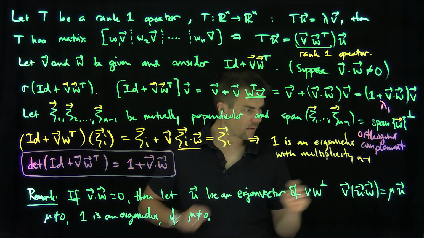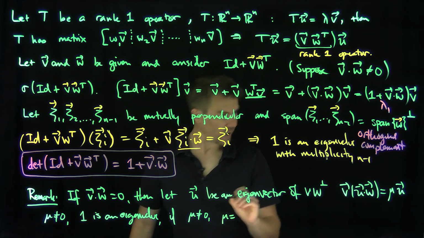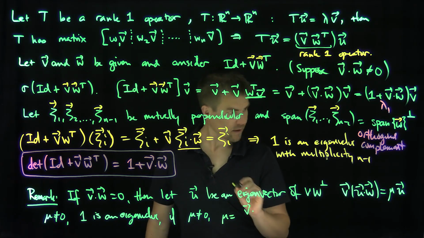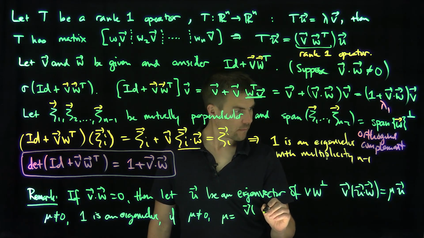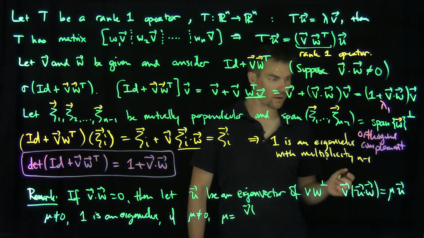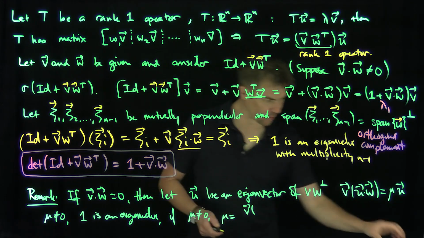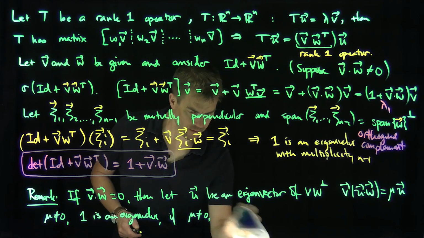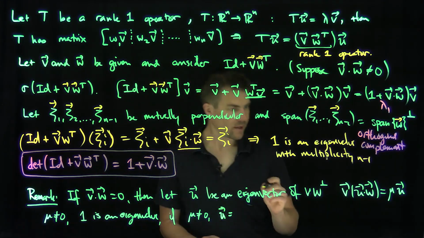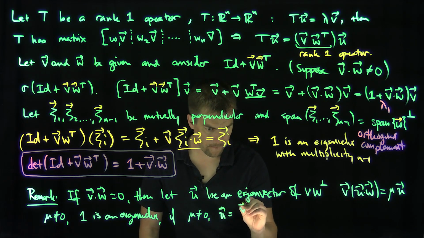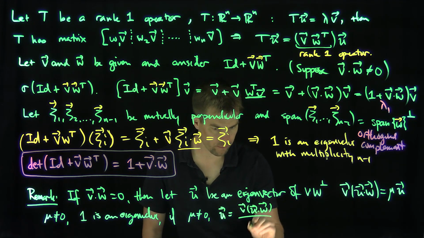We can divide by mu. So we don't want to divide by u, but we can divide by mu. That would say that u is equal to v times u dot w over mu.